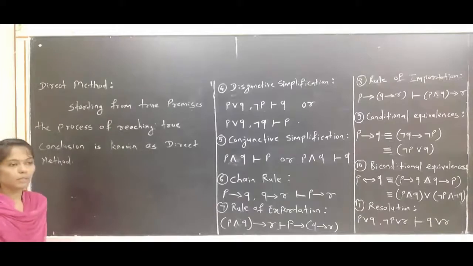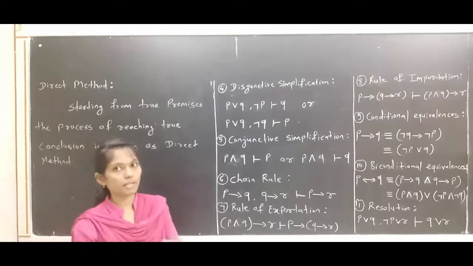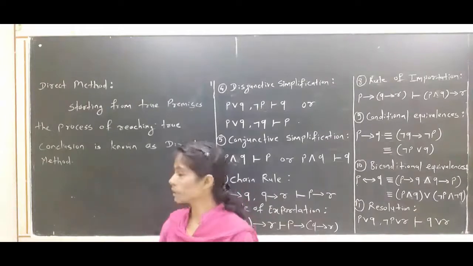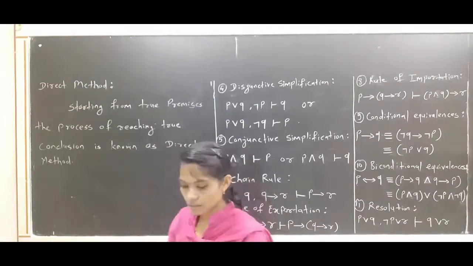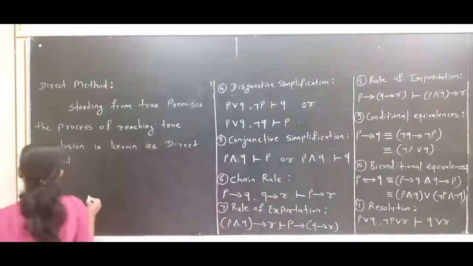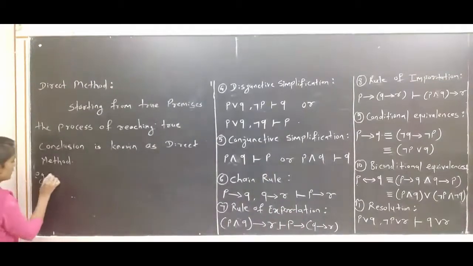So, direct method means starting from true premises, the process of reaching the true conclusion is known as direct method. You see the example.